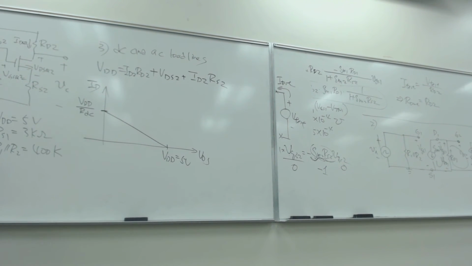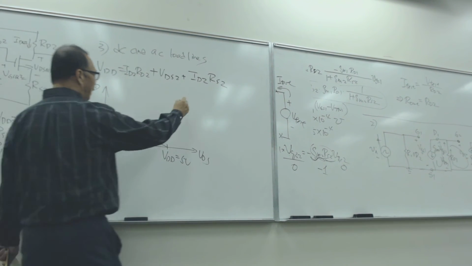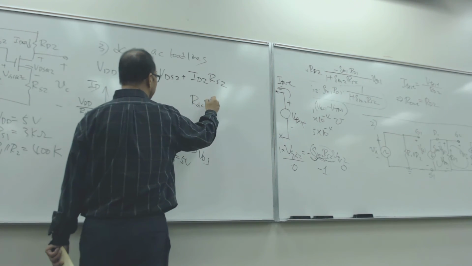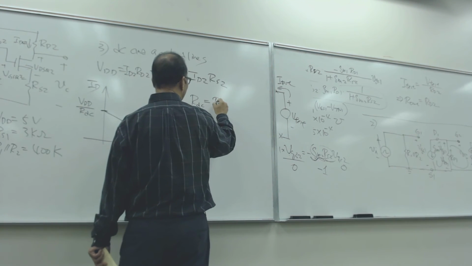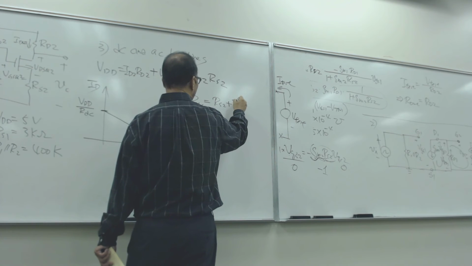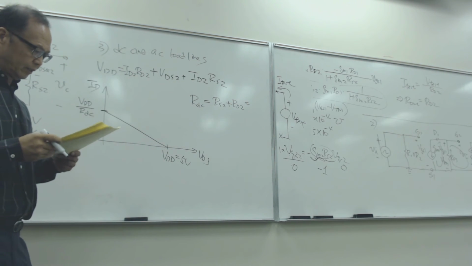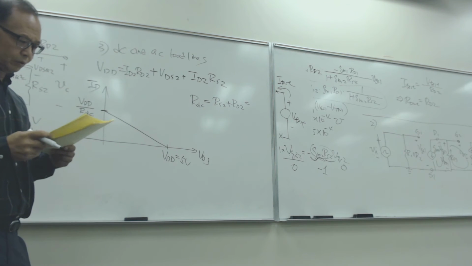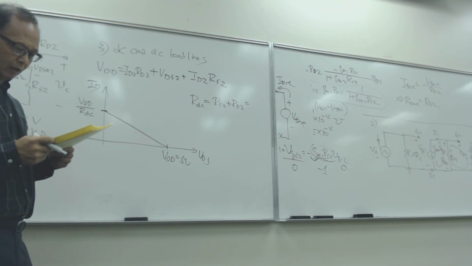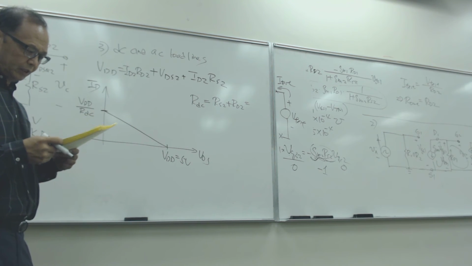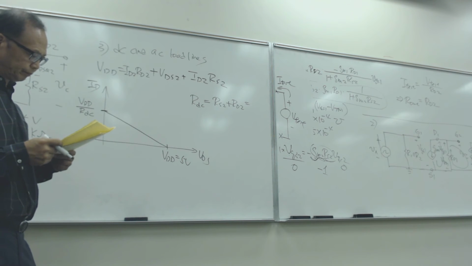RDC is, you look at the equation, RS2 plus RD2, right? What do I got? RDC is equal to how much?